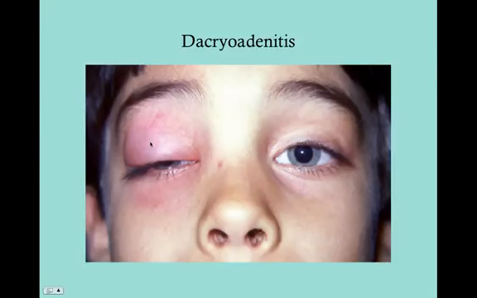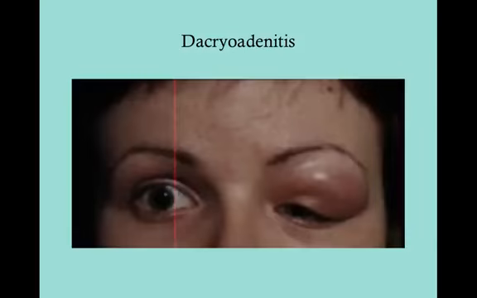This is dacryoadenitis. So note that the problems here are on the superior and lateral side, whereas with dacryocystitis, the problems are on the medial side. So this is an inflammation of the lacrimal gland, and if you were to expose the superior palpebra of the patient, you would probably see obvious inflammation.